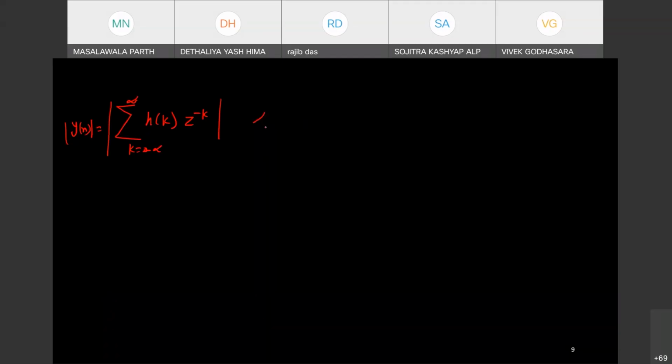This will be less than or equal to the summation with the absolute value put inside, h of k z to the power minus k. Because sometimes terms are positive, sometimes negative, if I consider all of them positive, we get the maximum summation.